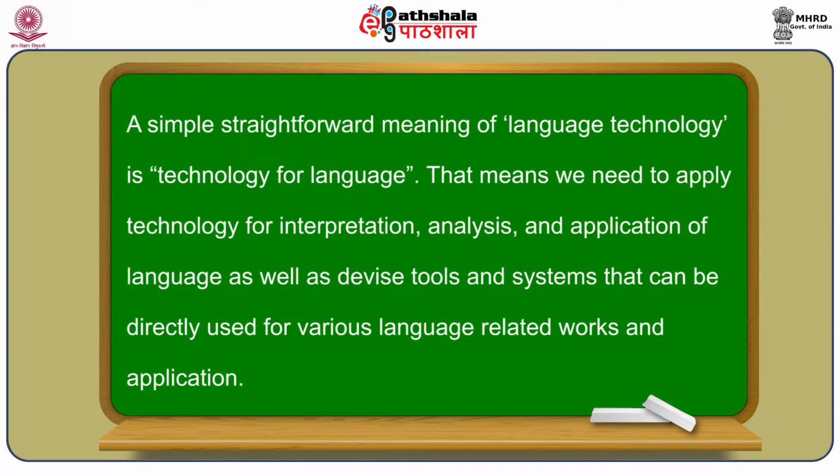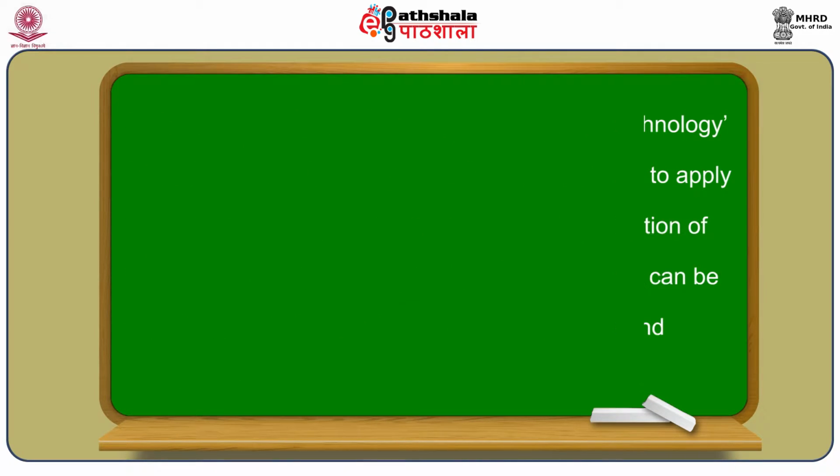So most of the time, we are using technology also to do those things. Then the knowledge base which is gathered from the analysis of language, we use again to remodel, redesign the systems, redesign the techniques so that we can do it more elegantly.